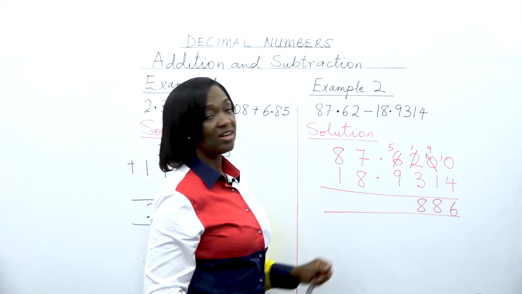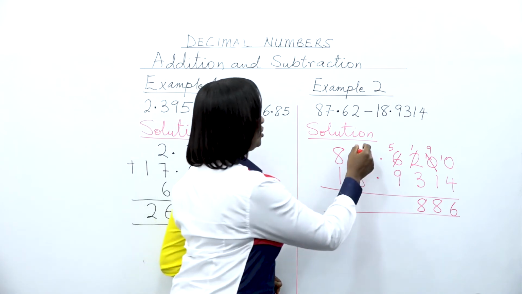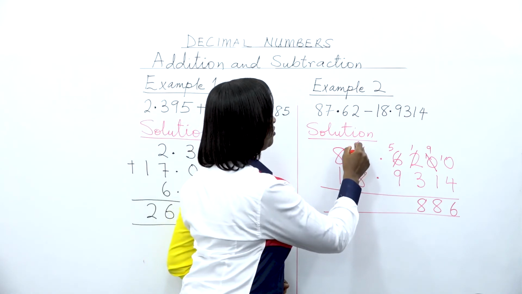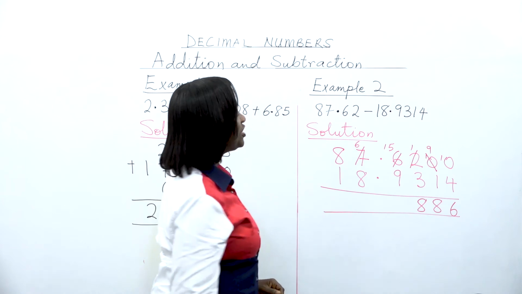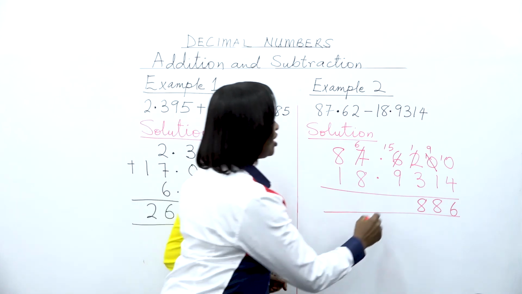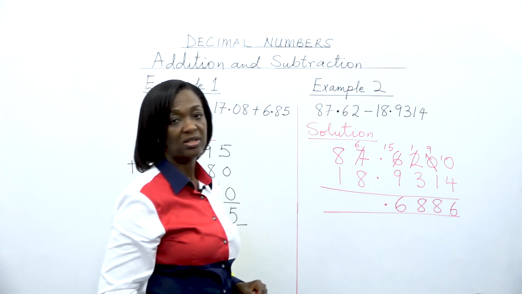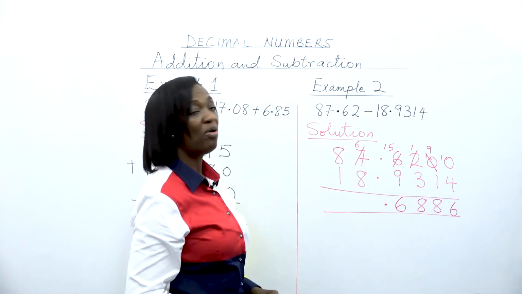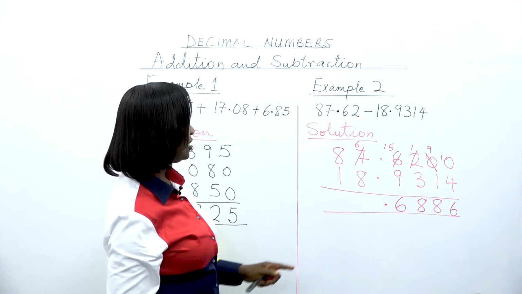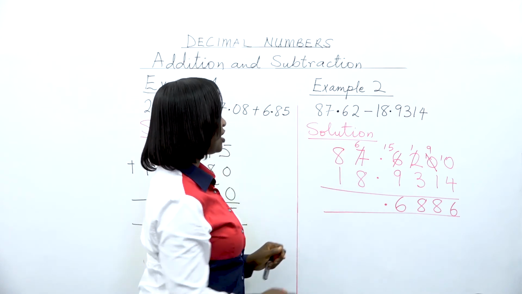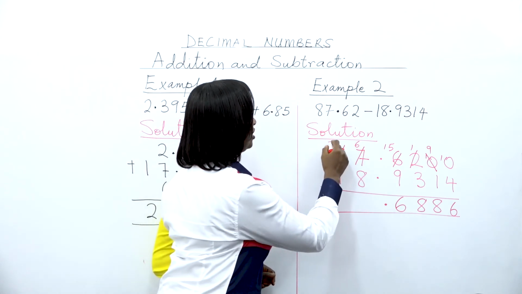5 take away 9, we can't, so we borrow 1. We're left with the 6 there. It becomes 15 take away 9, and we have a 6. Decimal point, as you can see, the decimal points are aligned. 6 take away 8 cannot. We borrow 1 from the 8.